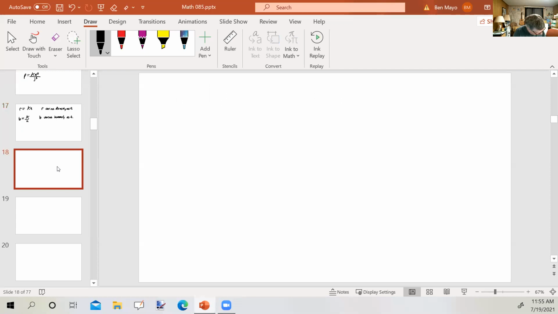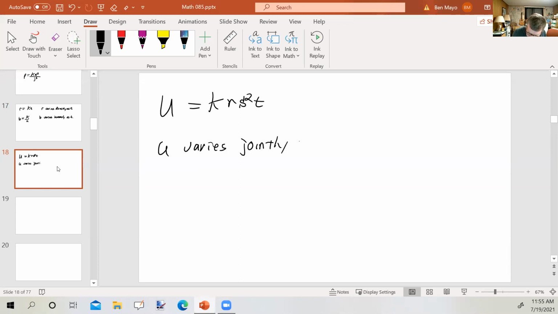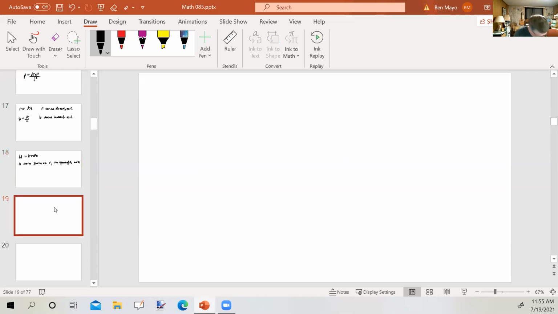Okay, how about this one? U equals KRS squared T. So U varies what? Jointly as R, the square of S and T. Okay, one more here.